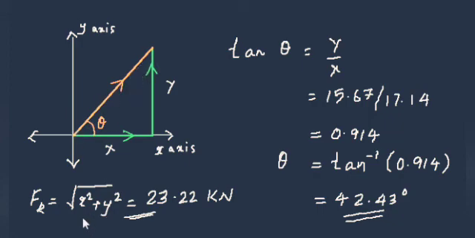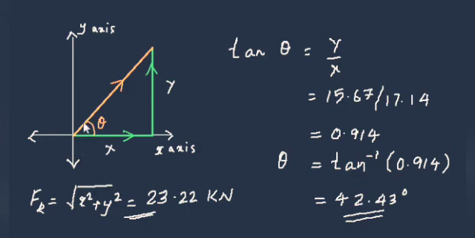So the resultant force will be the square root of x square plus y square, where you have x as 17.14 and y as 15.67. So the resultant force is the square root of 17.14 square plus 15.67 square. That gives you 23.22 kilonewton.